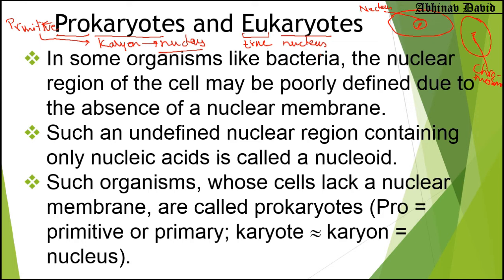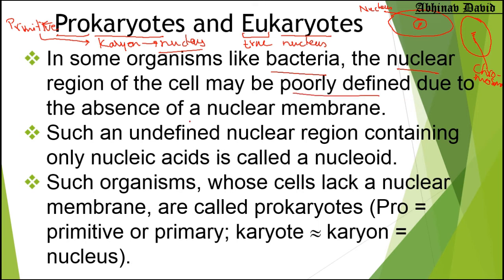Prokaryotes do not have a nucleus, meaning they do not have a nuclear membrane, so we cannot call it a nucleus, but the nuclear region, the central region, is there. But the eukaryotes have a well-defined nucleus having the nuclear membrane. You can see in the definition here, in some organisms like bacteria, the nuclear region of the cell is very poorly defined.